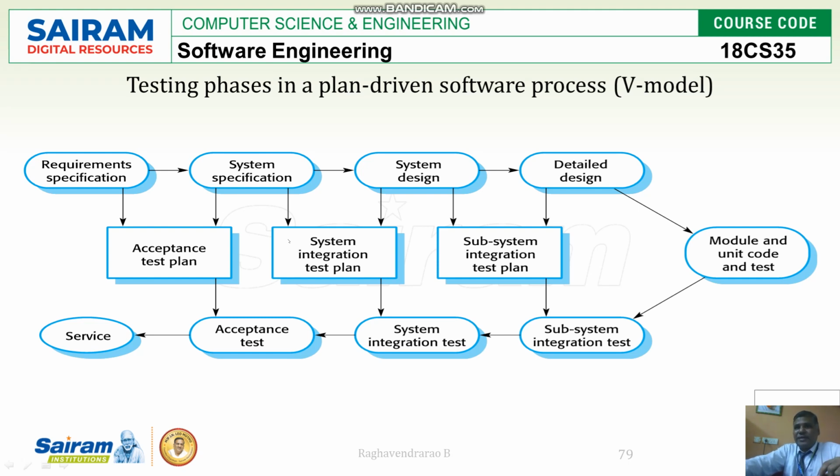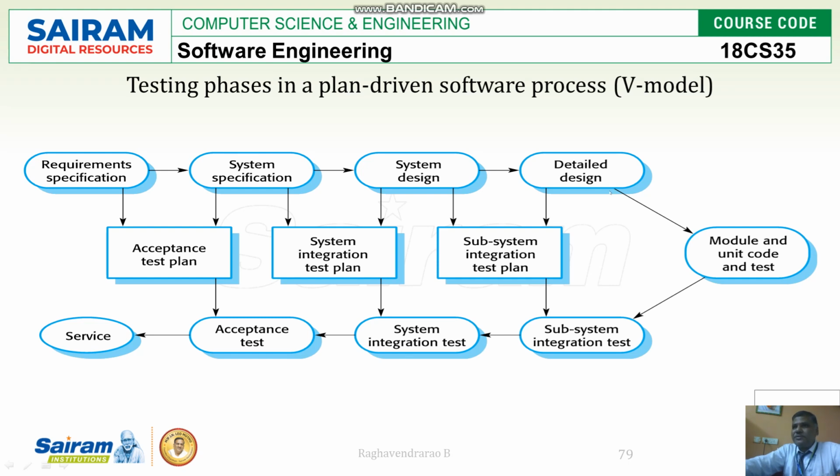The system design and specifications are both tied to the system integration test plan. Once the components have been developed and the system is developed, the integration test is done. If it passes, then the system integration test is passed.